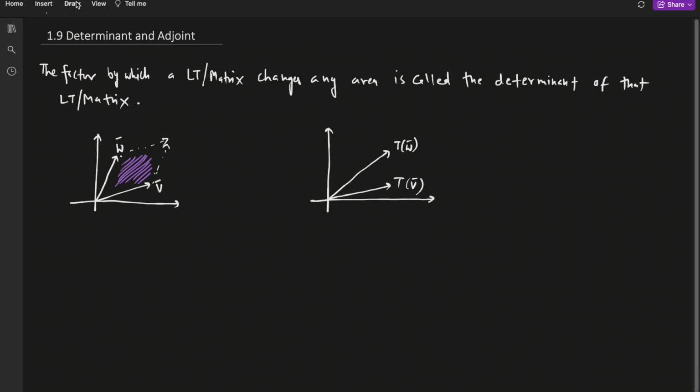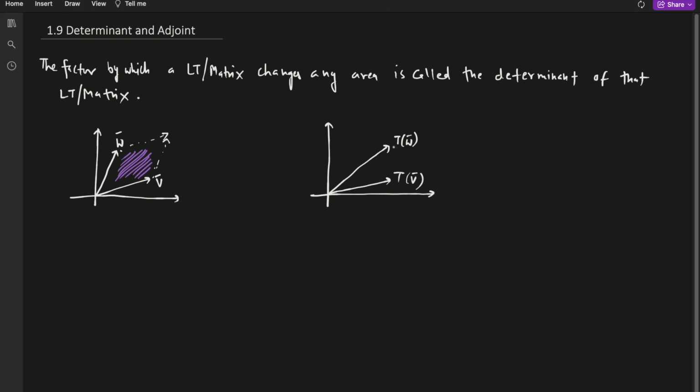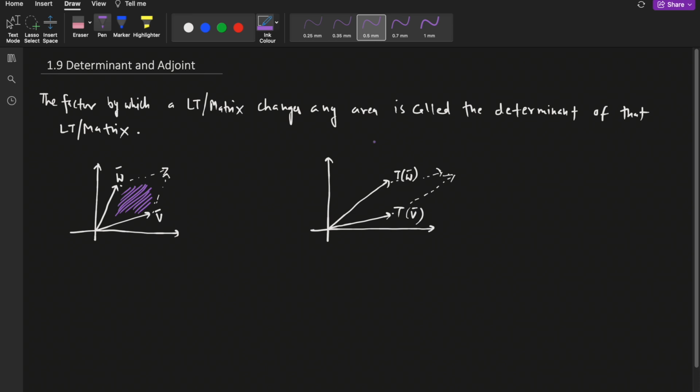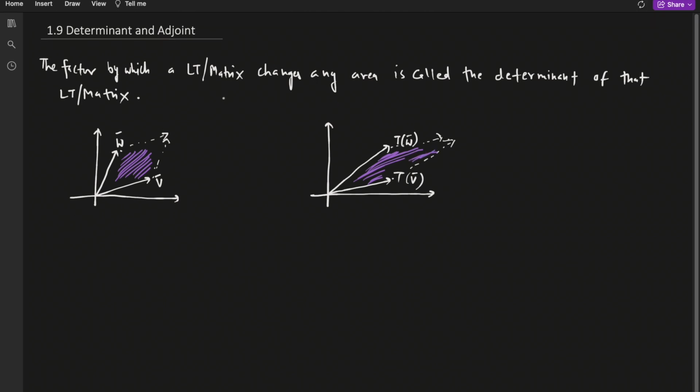So after the transformation, the area formed by the transformed vectors is this, right? So the factor by which the area got changed by the linear transformation T is the determinant.